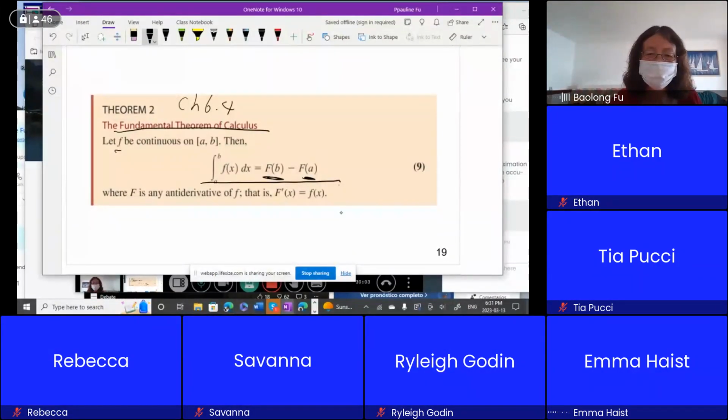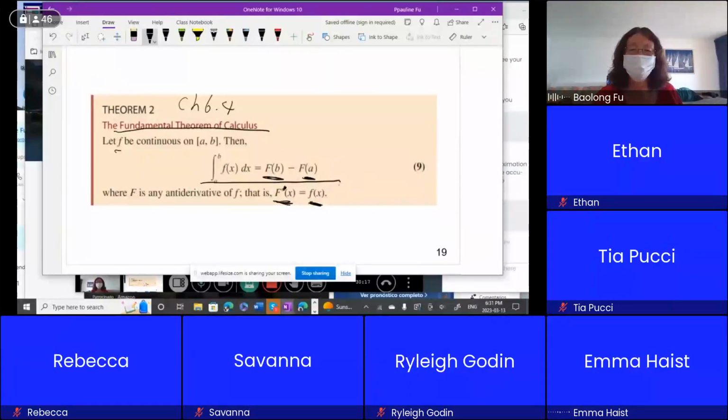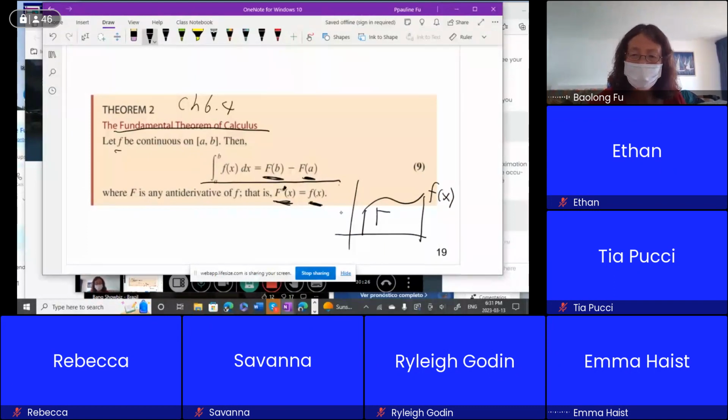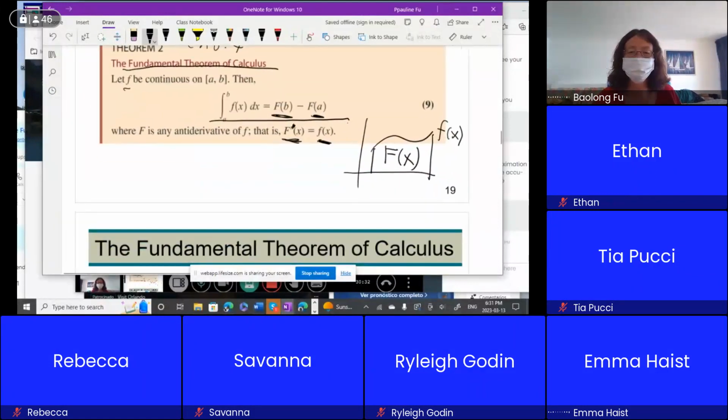The relationship between capital F and small f is that if you take the derivative of capital F, it is equal to small f(x). The graphical representation: this is small f(x), and this part is capital F(x). Those are the relationships graphically.